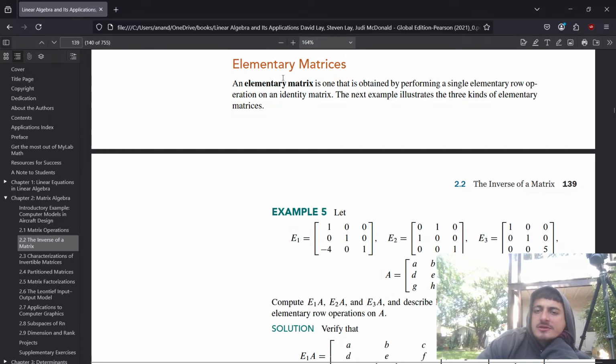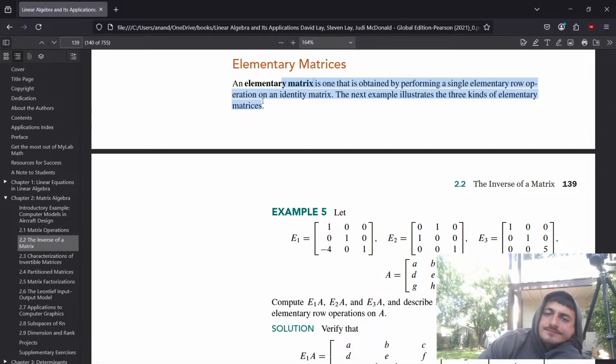An elementary matrix is one that is obtained by performing a single elementary row operation on an identity matrix.